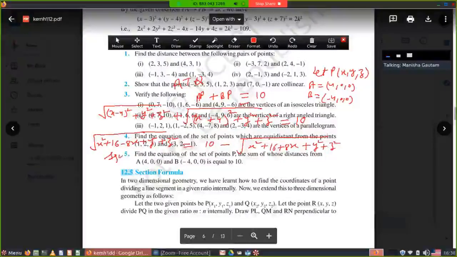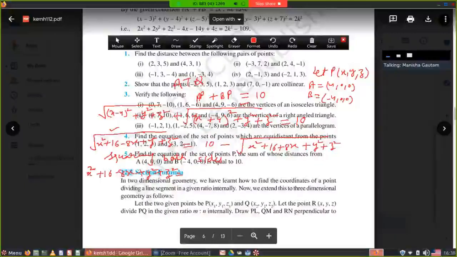Now squaring both sides. The square root is cancelled by the square, and you will get x square plus 16 minus 8x plus y square plus z square.